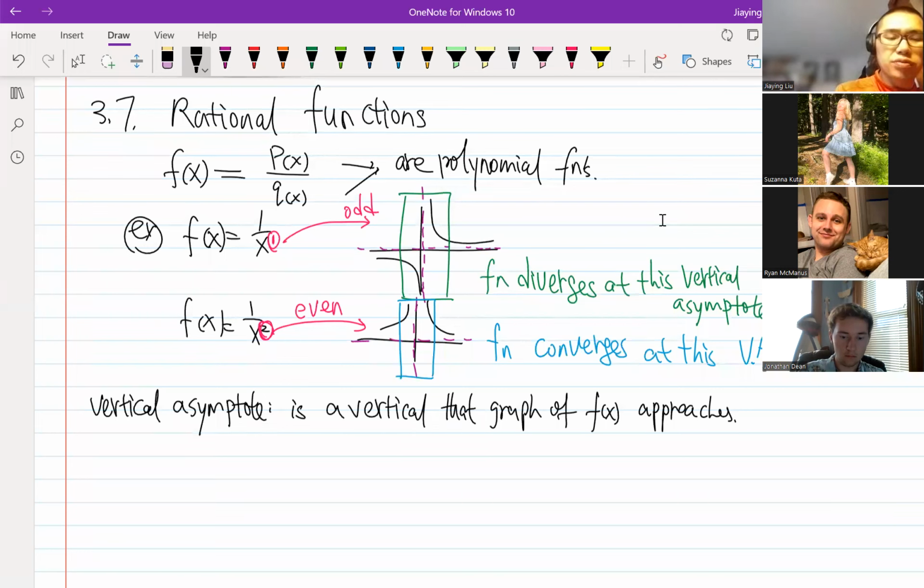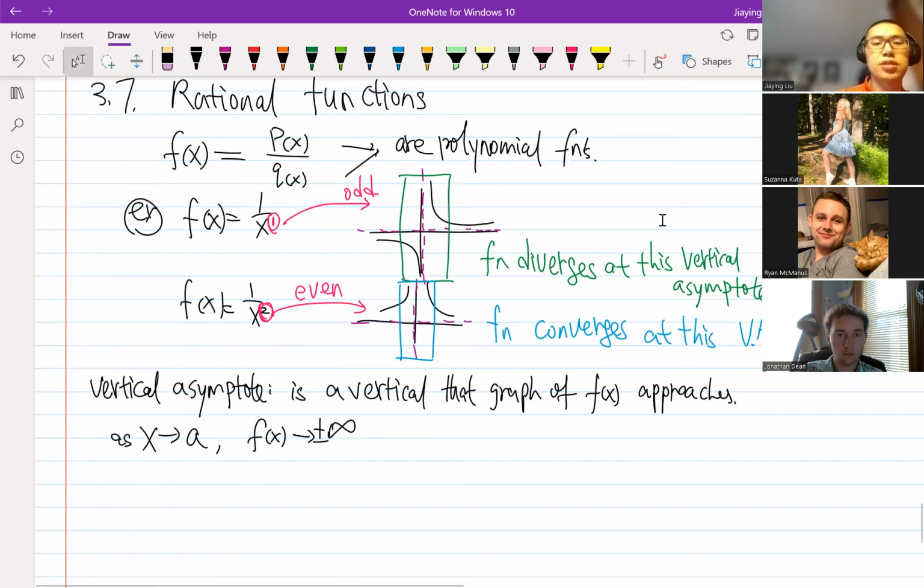The vertical asymptote always happens at a specific value, like at 2 or 5 or -5. So we write the notation: as x goes to a, f of x goes to either infinity or -infinity, depending. It doesn't have to be both. It could be just positive infinity or -infinity. So that's where the vertical asymptote happens.